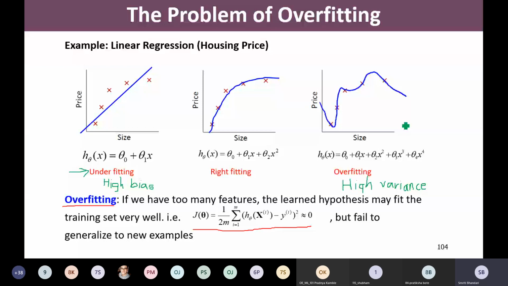That means the hypothesis works well for the training data set, producing an error that is approximately 0. But whenever we present another data set to the trained model, we may experience high error, and that is the problem of overfitting.